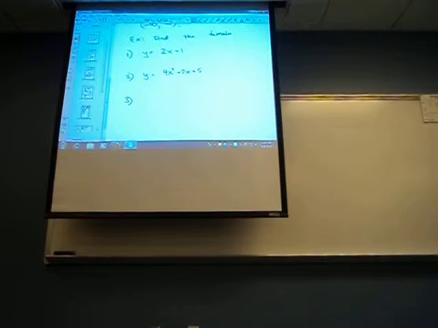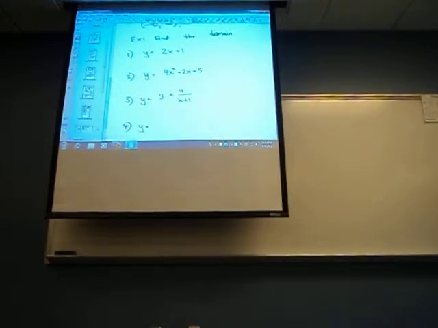Let's do y equals 3 plus 4 over x plus 1. I'm going to do these and then I have some other good ones for you guys. And let's do y equals the square root of x plus 1.